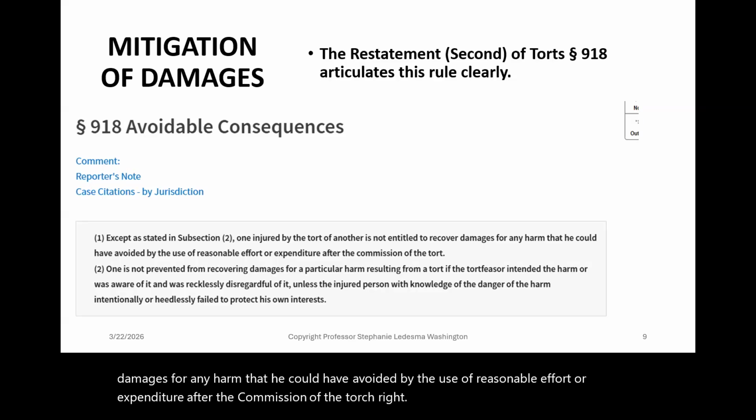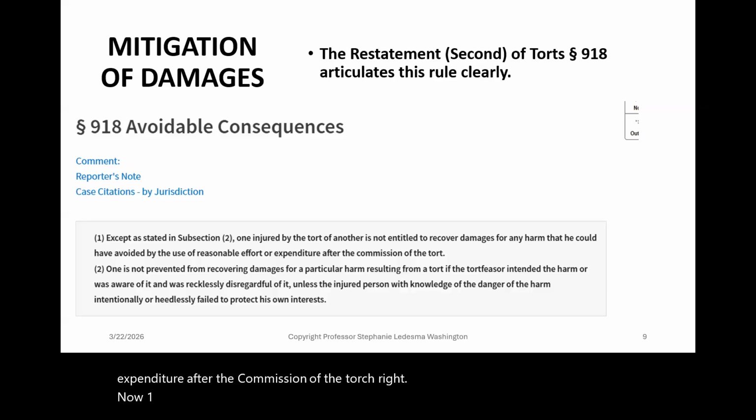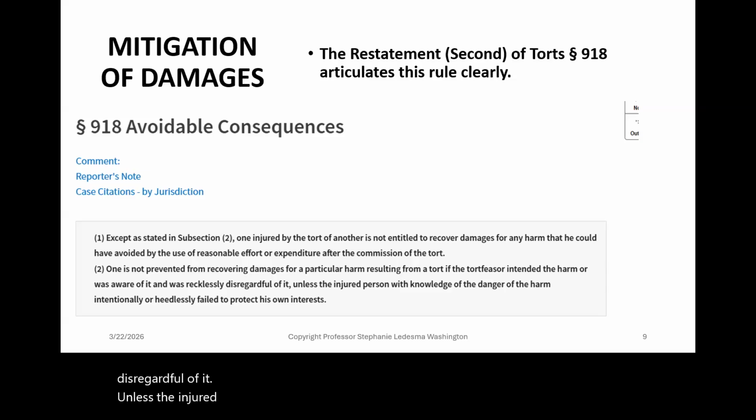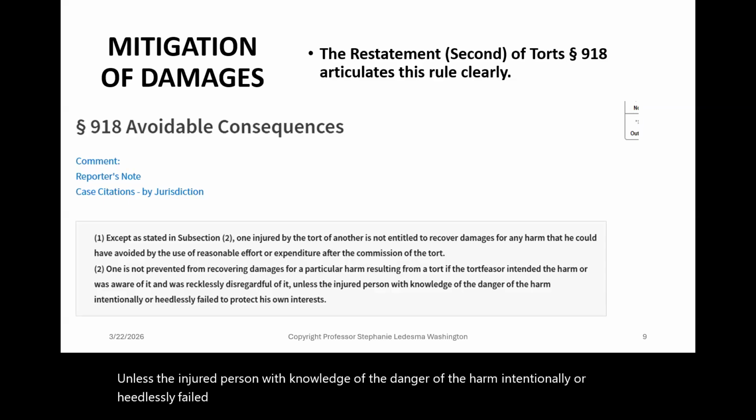Now, one is not prevented from recovering damages for a particular harm resulting from a tort if the tortfeasor, that's the defendant, intended the harm or was aware of it and was recklessly disregardful of it, unless the injured person with knowledge of the danger of the harm intentionally or heedlessly failed to protect their own interest.